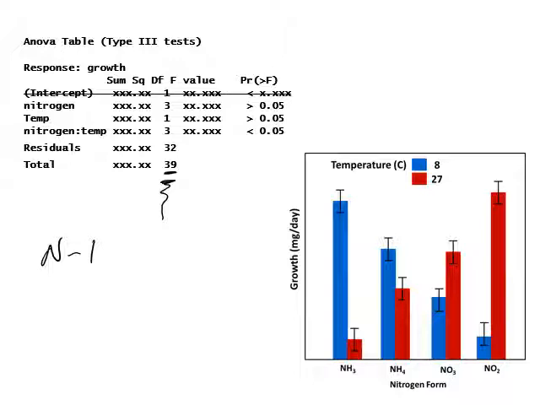The degrees of freedom on the nitrogen effect, there's 4 levels of nitrogen, so there are 3 degrees of freedom on the nitrogen effect. There are 2 temperatures, so there's 1 degree of freedom on the temperature effect. The interaction effect always has the number of degrees of freedom on each independent variable multiplied together. So 3 times 1 is 3. So there's 3 degrees of freedom on the interaction effect.